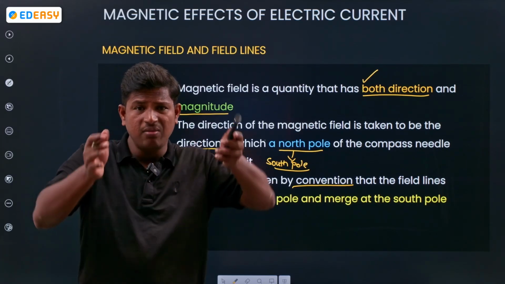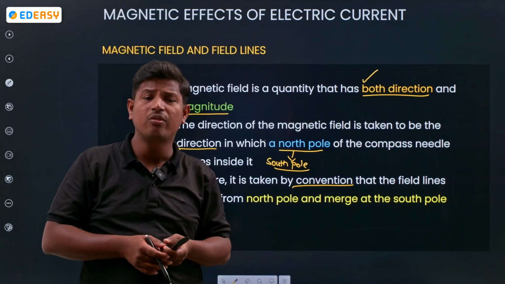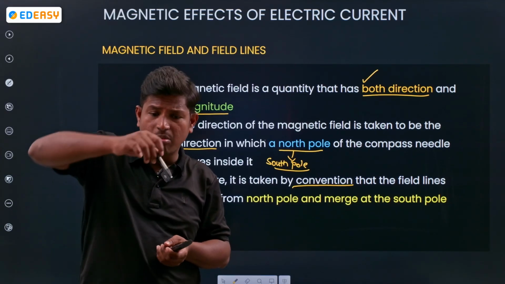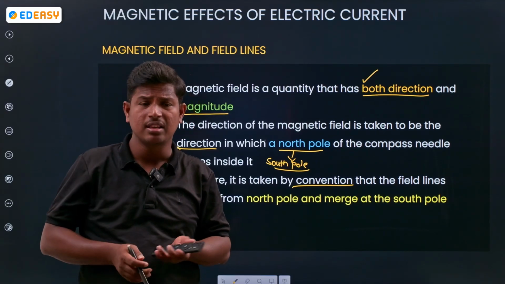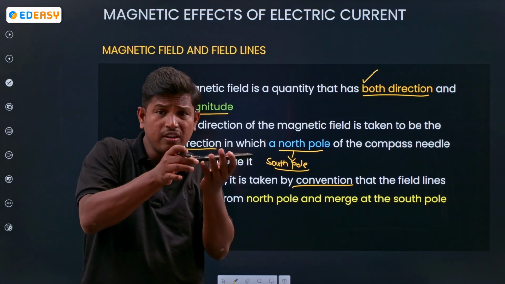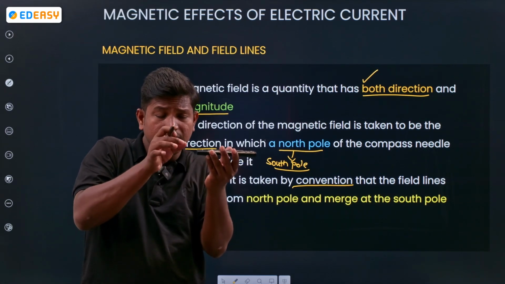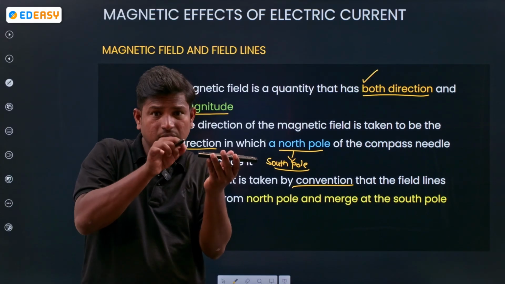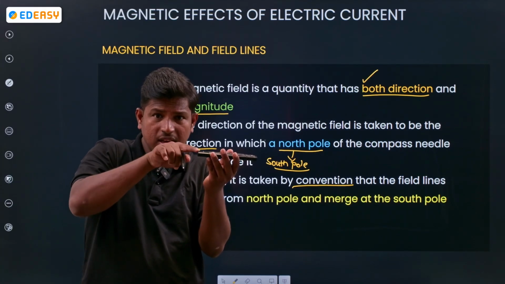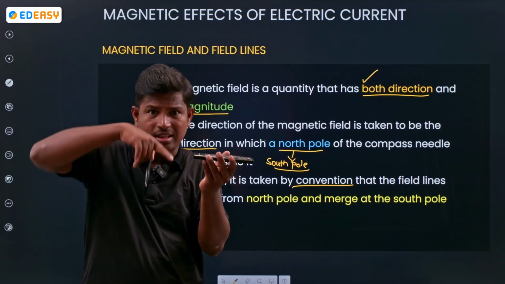If I take iron filings around the bar magnet, how do they arrange? From north pole to south pole they arrange. If I place a compass also, how will it be? At the end of the north pole, the magnetic compass shows south. It means north to south it is coming, right?